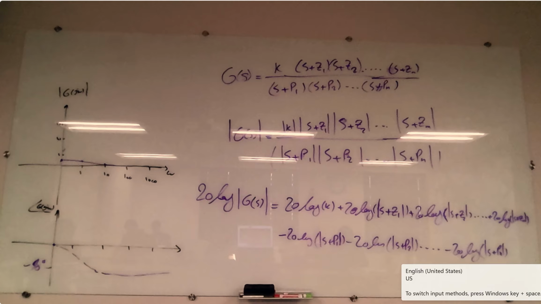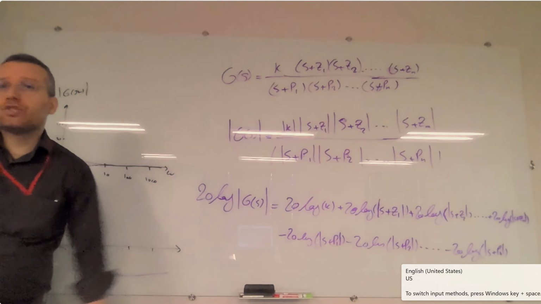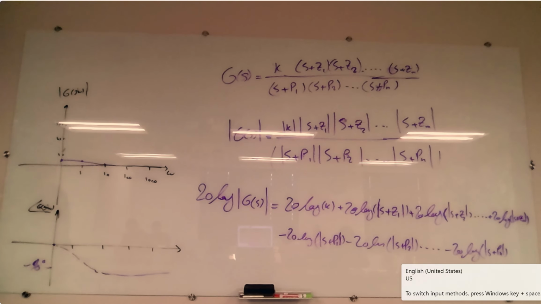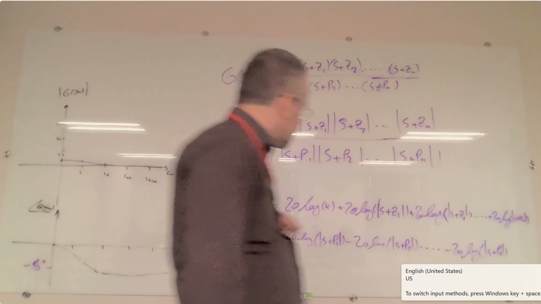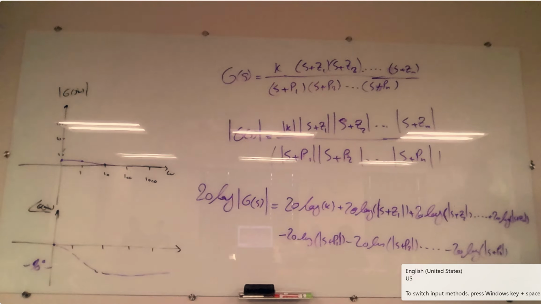Now, if I show the magnitude in logarithmic units, that makes my life much easier, because now I don't need to do all the multiplication. I need to do one term at a time and then just add them together. Make sense? Is that good? Now, there is another advantage to using the decibel too. What is the other advantage?